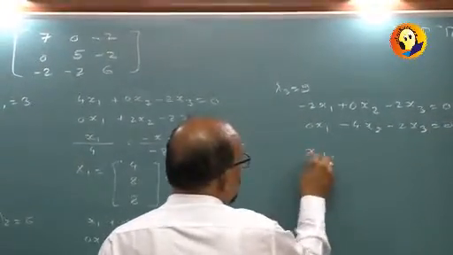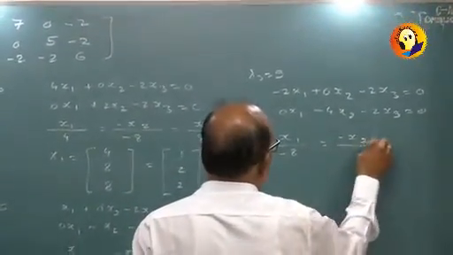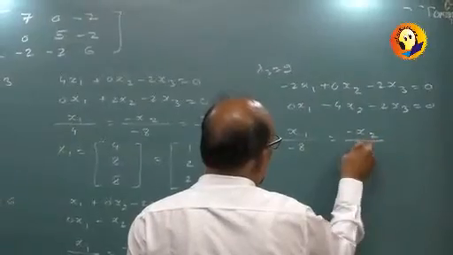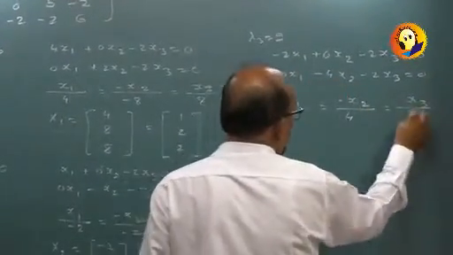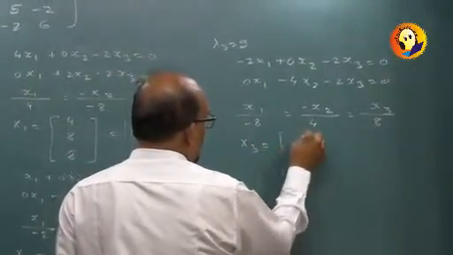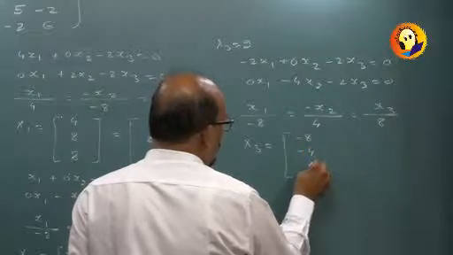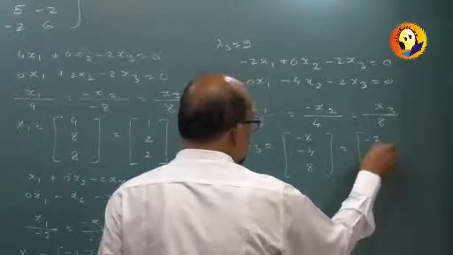So it will be x1 upon minus 8 equal to minus x2 upon 4 equal to x3 upon 8. So capital X3 comes out to be minus 8, minus 4, 8, which is minus 2, minus 1, 2.